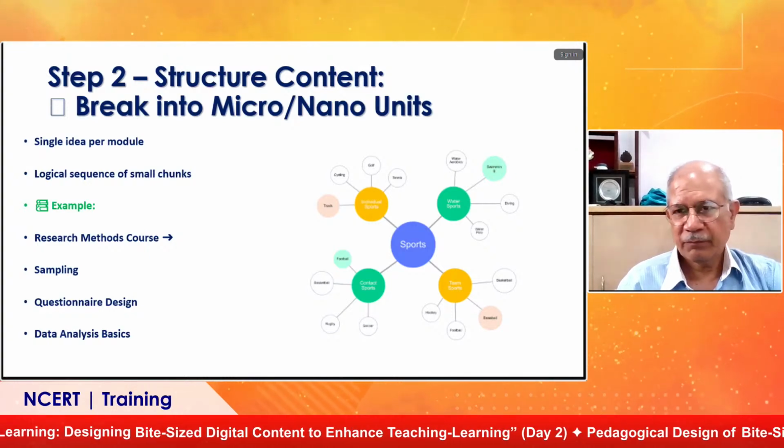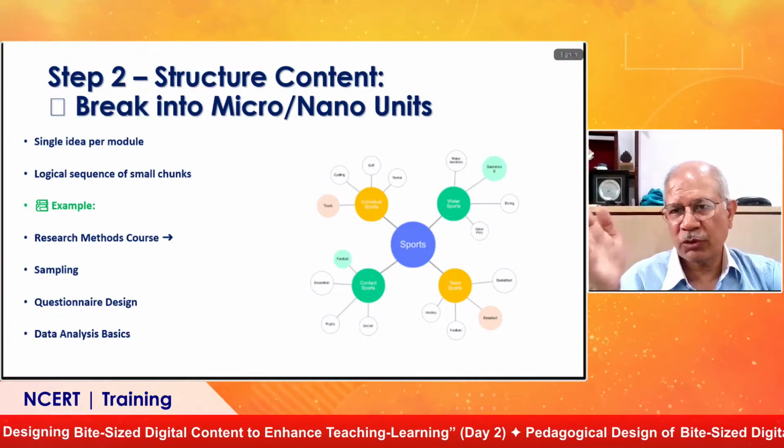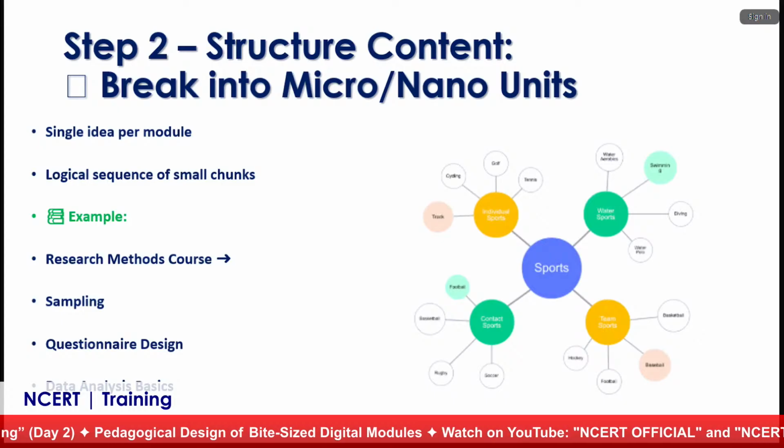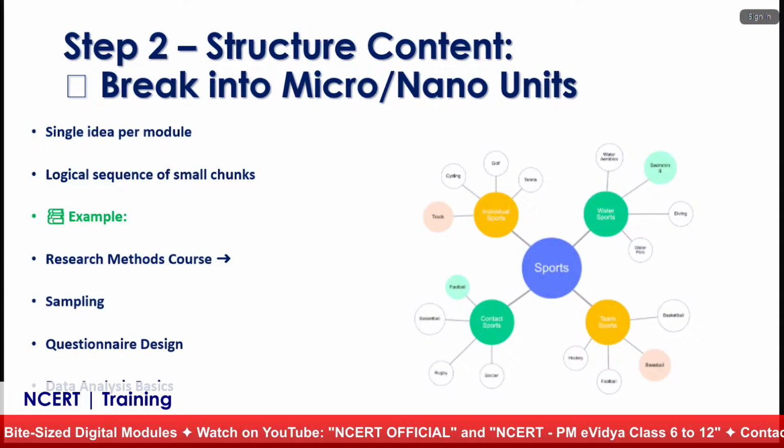For example, if we are teaching a big course like research methods, we can have one micro unit on sampling, another micro unit on questionnaire design, another micro unit on data analysis basics. So this approach also aligns perfectly with the NEP vision of modular and flexible curricula.